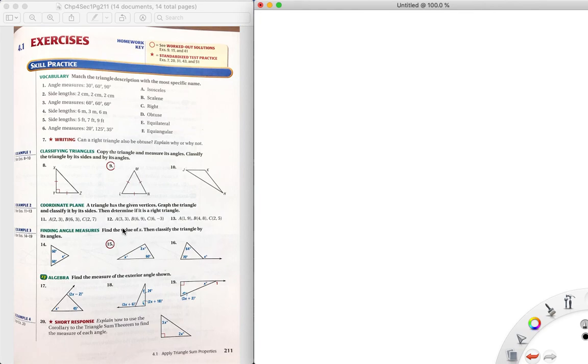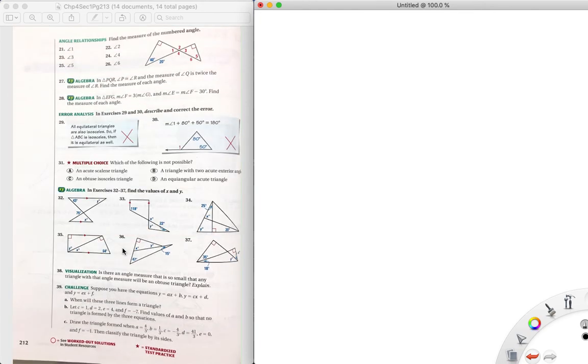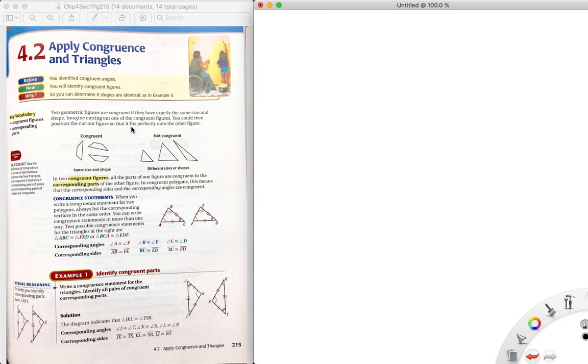And that's 4-1. Let's talk about 4-2, applying congruence of triangles. So we have congruent figures.